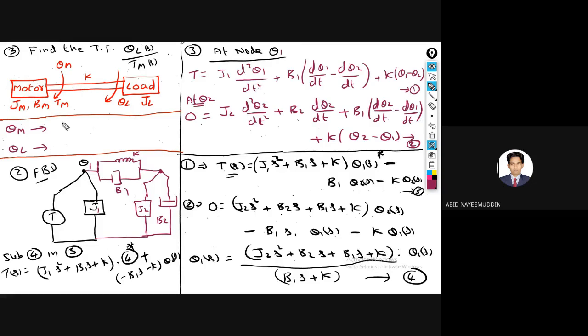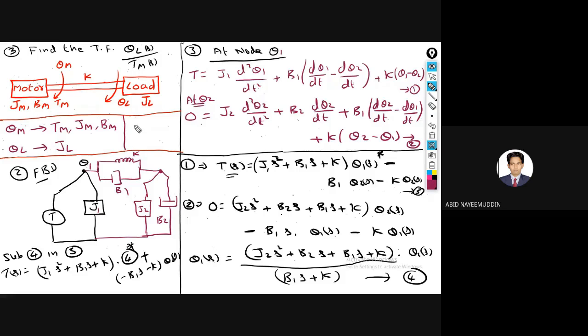What are the variables connected? You should be able to say just by looking. This is the third problem. One is theta m, with the torque available at the input side, then Jm and Bm. Next, for theta L, the element is only JL, nothing further given.